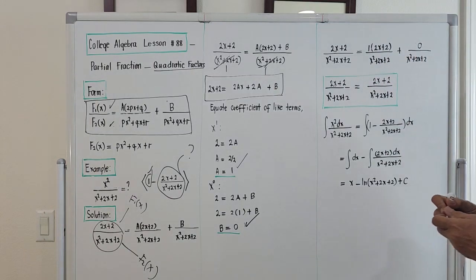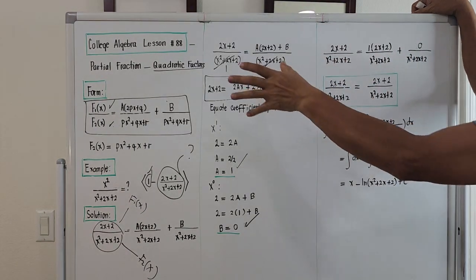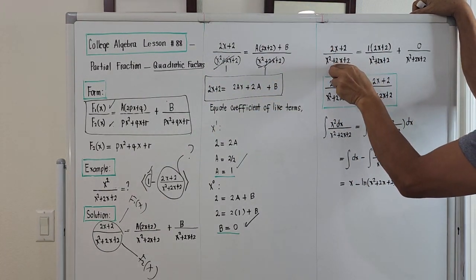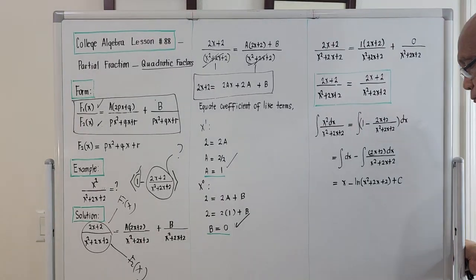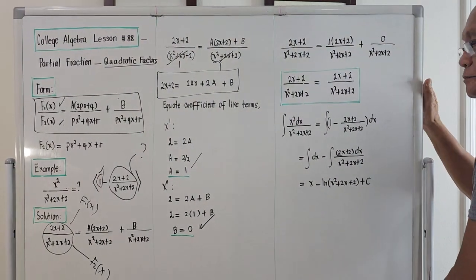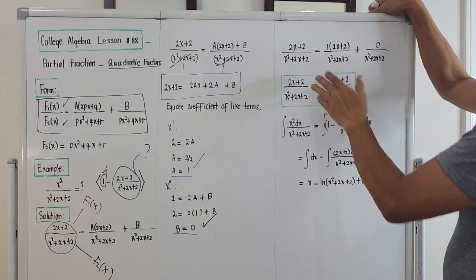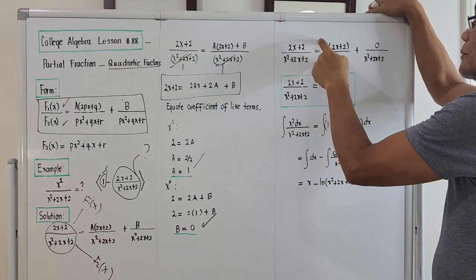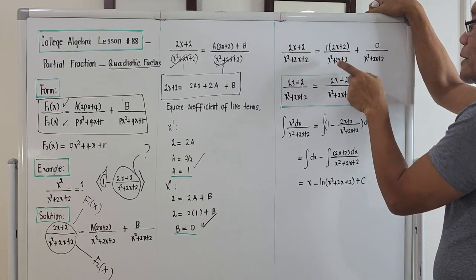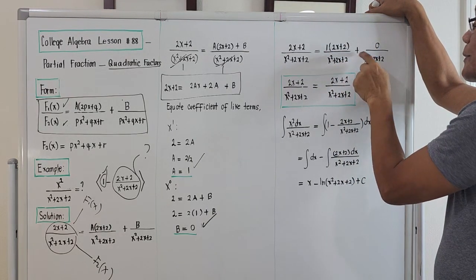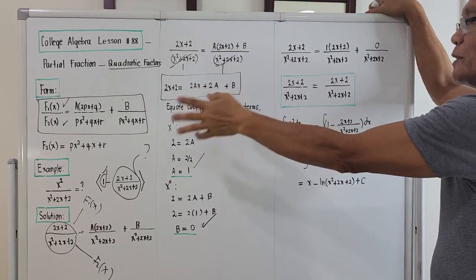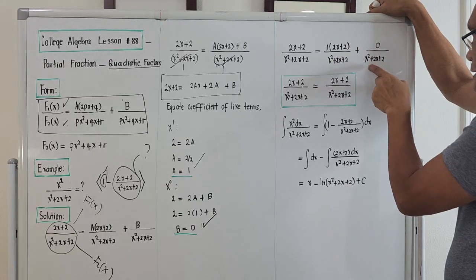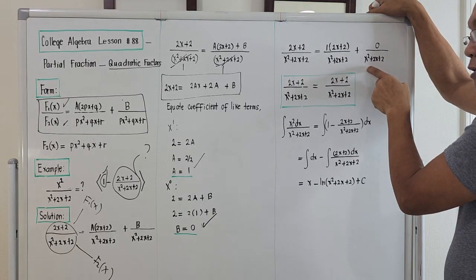So rewriting the given original fraction, 2x plus 2 over x squared plus 2x plus 2, the quadratic factor, it should be equal to A, which is 1, multiplied by the quantity 2x plus 2 over the given quadratic factor, plus B, which is 0, all over the quadratic factor x squared plus 2x plus 2.